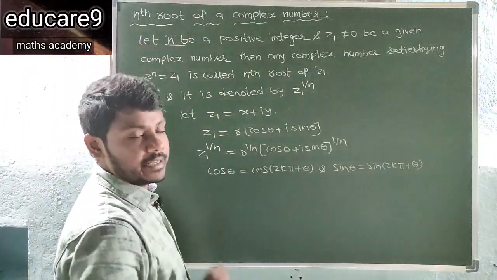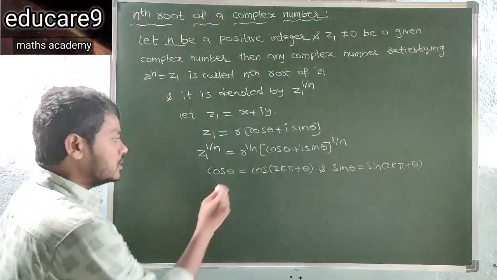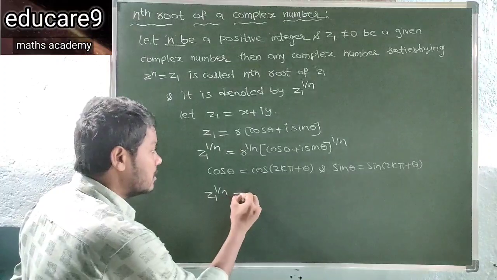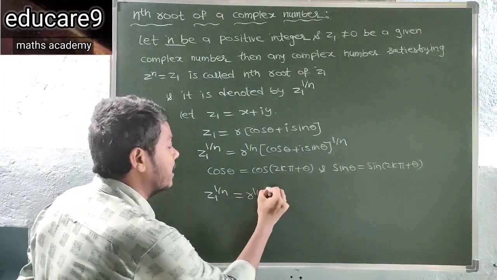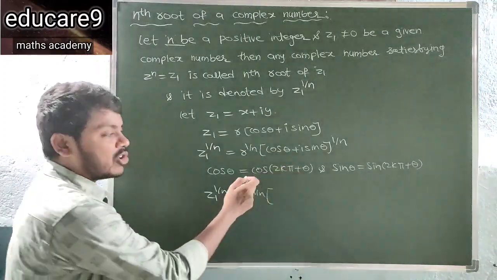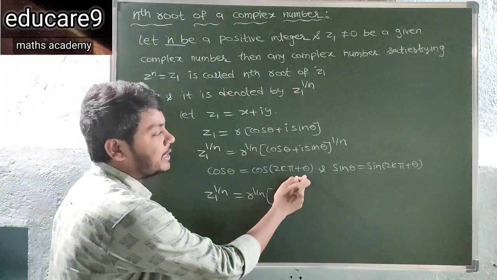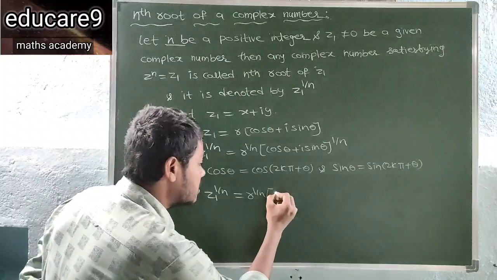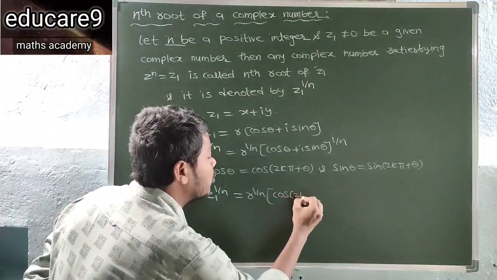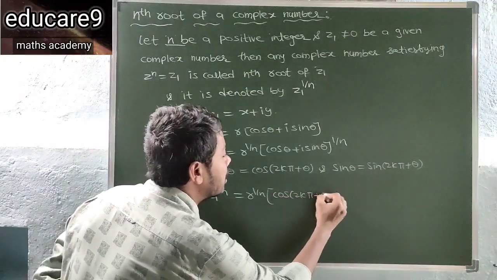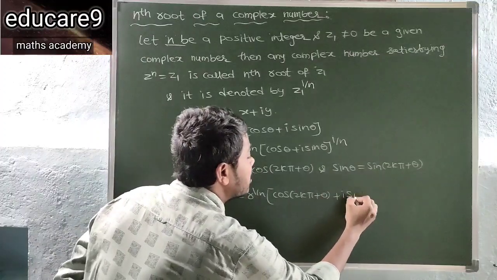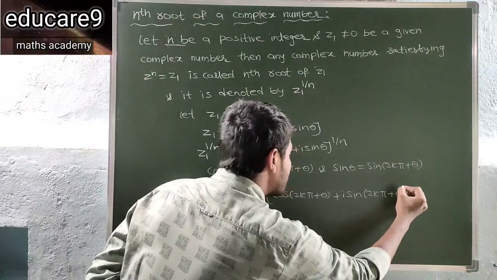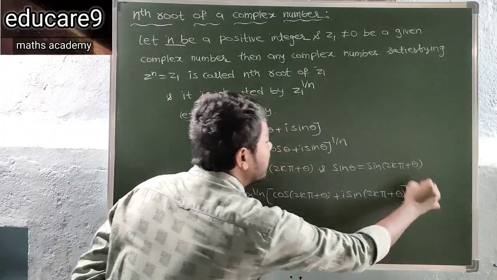Here k is any integer. So z1 power 1 by n is r power 1 by n times (cos of 2k pi plus theta plus i sin of 2k pi plus theta) all to the power of 1 by n.